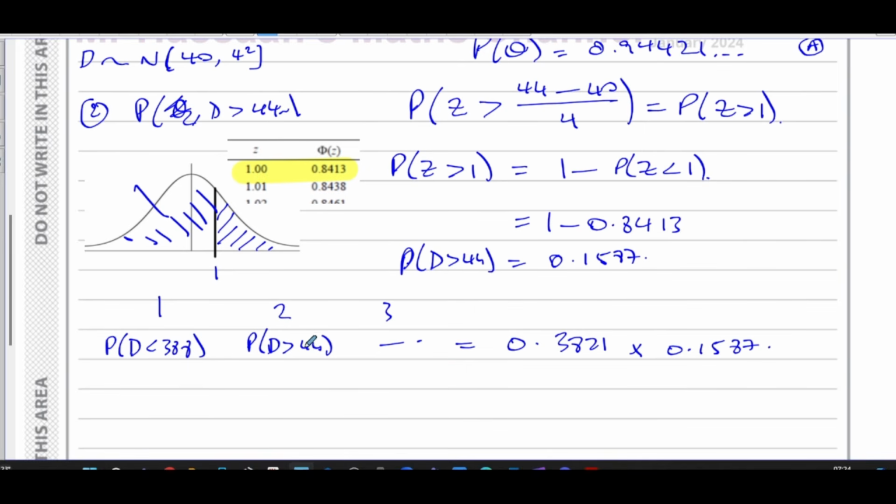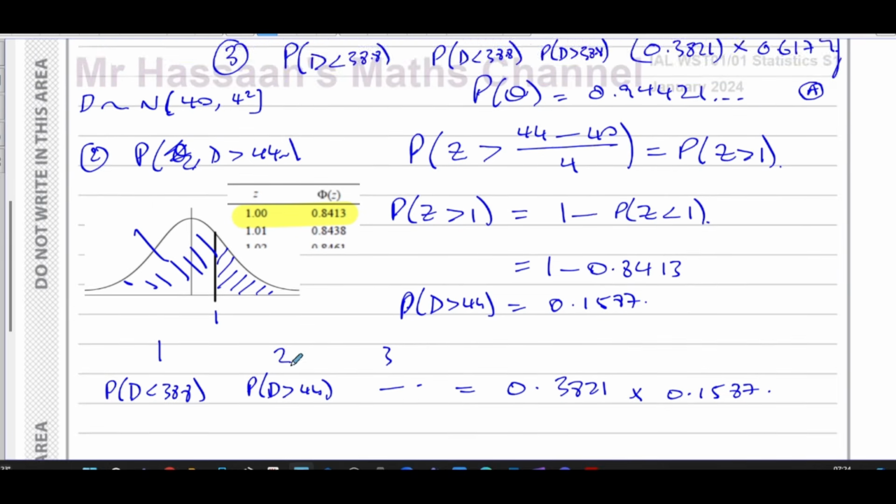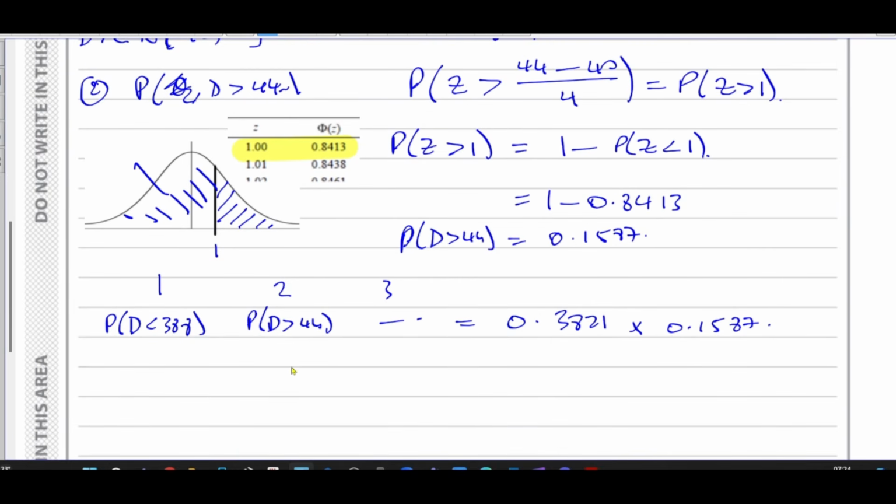But we are given that they qualified. Qualifying with a throw of greater than 44 meters is a subset of qualifying.